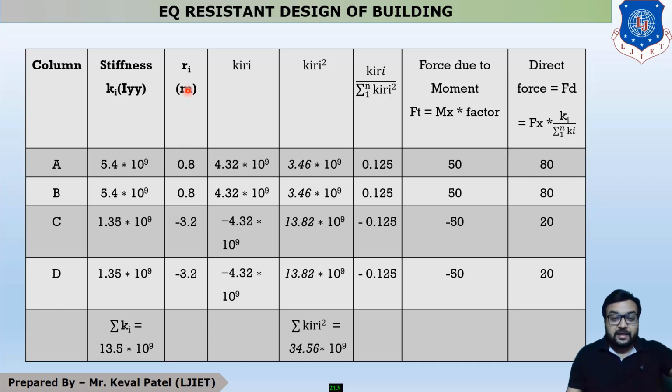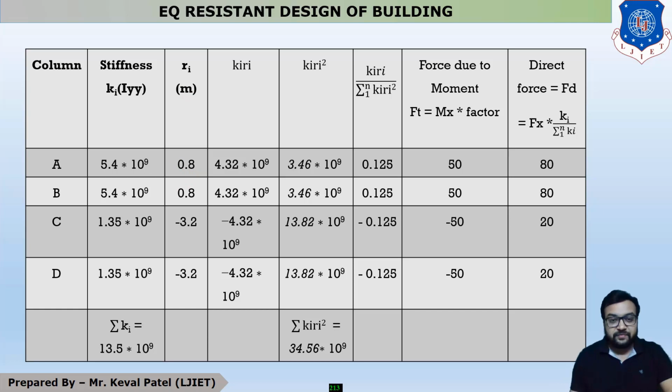Next is Ri. This term is very important. Ri means the distance between the column and the center of stiffness in y direction. I repeat, Ri means the distance of the center of column and the center of stiffness. You can see that this is plus 0.8.